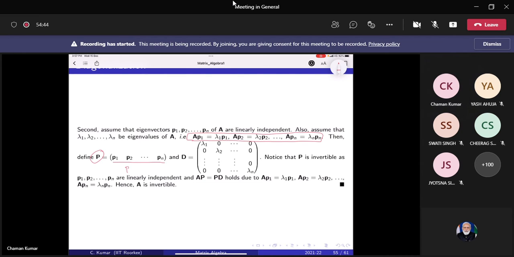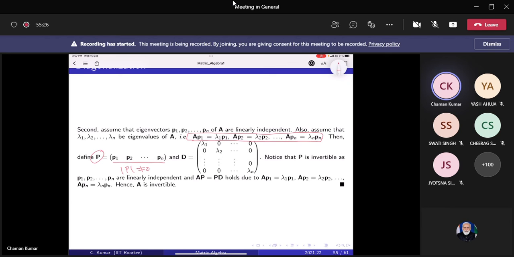So that means P is non-singular, determinant of P is non-zero, because you cannot write any column of P as a linear combination of the remaining n-1 columns. So whatever row or column transformation you do, you will always get the rank of P as n. And if the rank of P is n, which is the order of the matrix, then the matrix P is invertible.